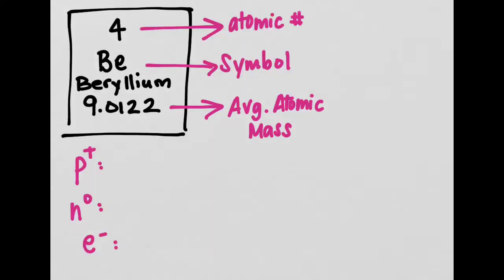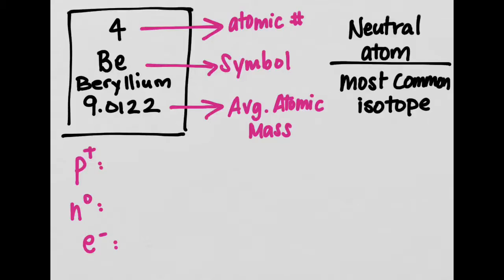So for this specific atom, what I'm asking you to tell me is what number of protons, neutrons, and electrons am I going to find? And to be able to answer this question, I'm going to tell you that it is a neutral atom of the most common isotope.